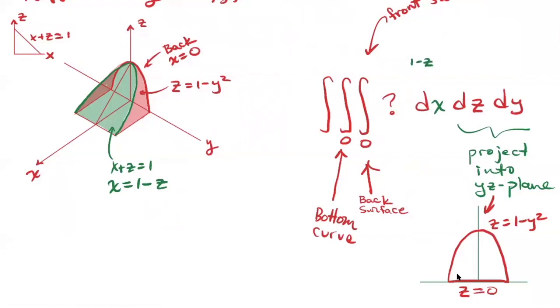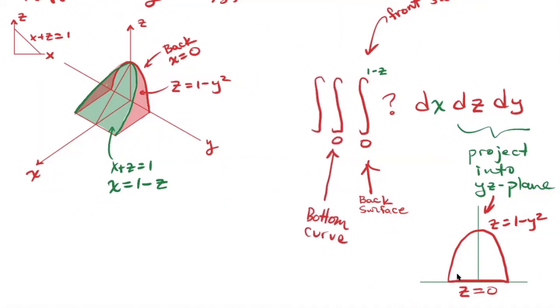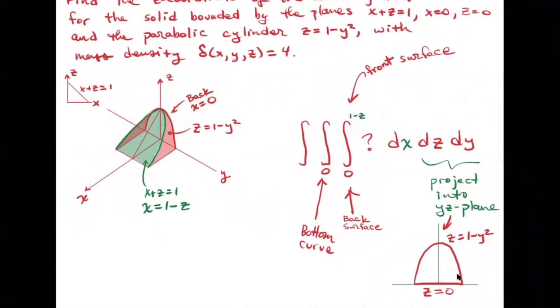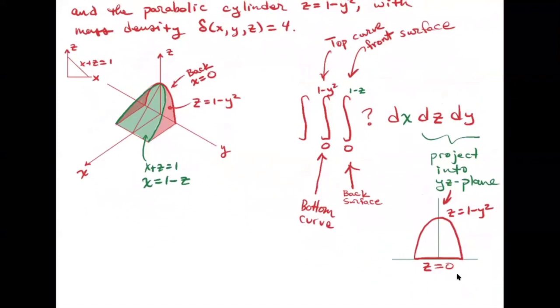I did not mean to do that. I gotta move some things. It's all too crowded, so I'm just rearranging. So the top curve, again, it's curve to curve, 0 to 1 minus y squared. And then we project onto the only axis that's left.